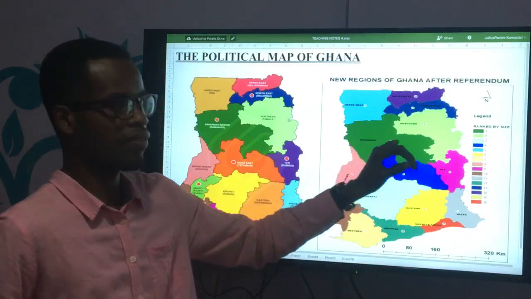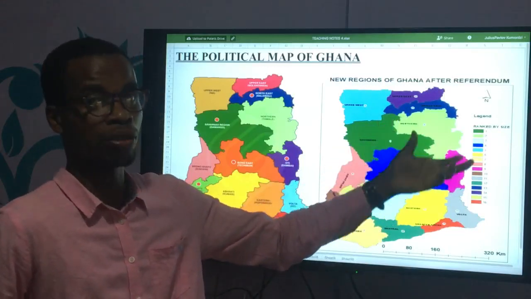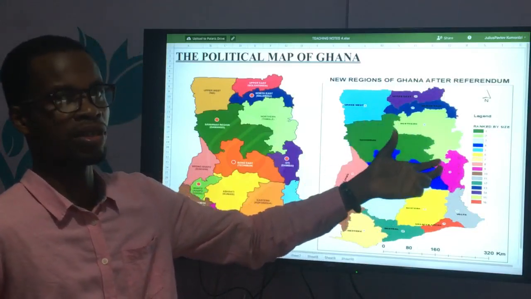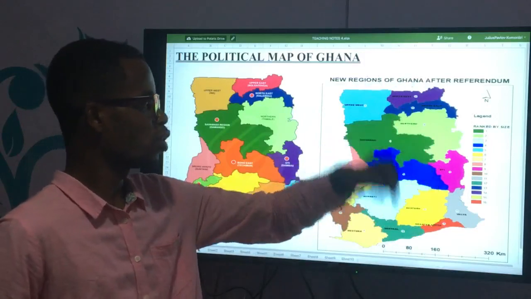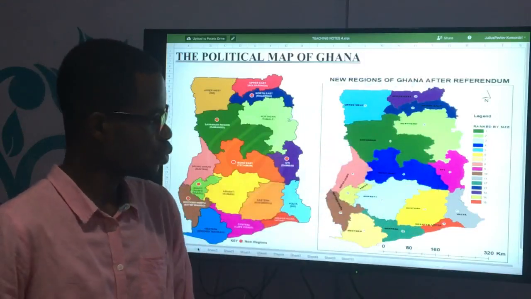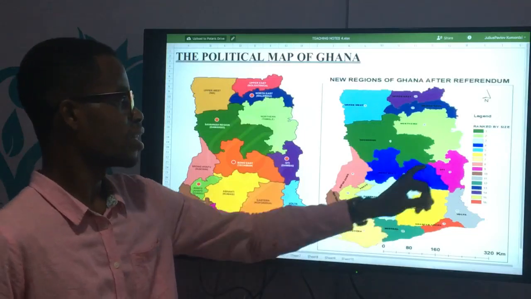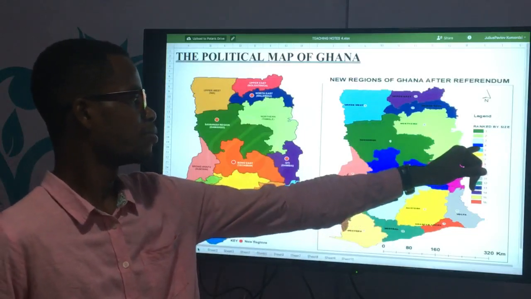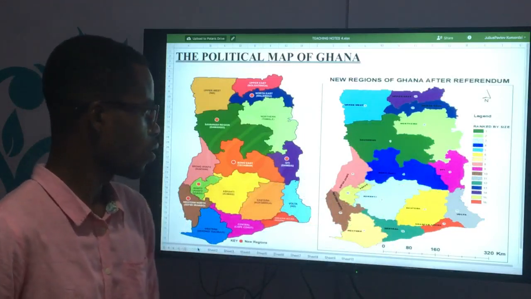So the land size, Savannah is still topping. Savannah being created out of the former Northern region is still topping as number 1. Then we have Northern region as number 2. Then we have Ashanti as number 3. Then we have the Bono East as number 4.